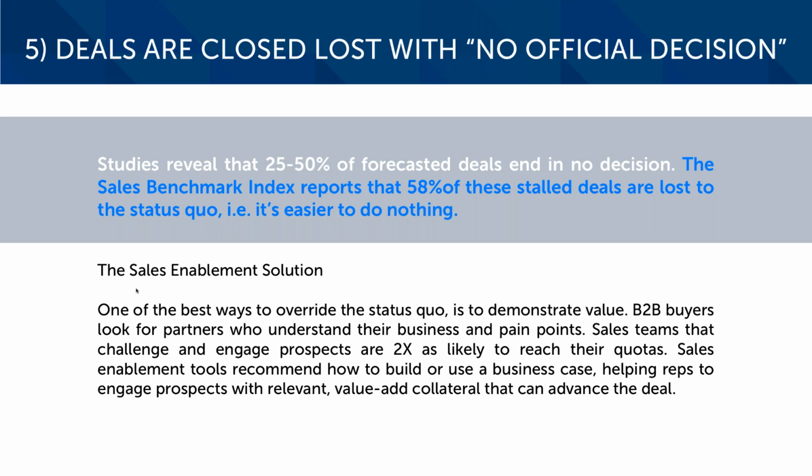As a matter of fact, studies reveal that 25 to 50% of forecasted deals end in no decision. That means they were closed because we never heard back from the customer. They never gave us clarity. They never said what they did. They actually didn't even select a competitor, or maybe they selected a competitor and didn't even tell us about it.